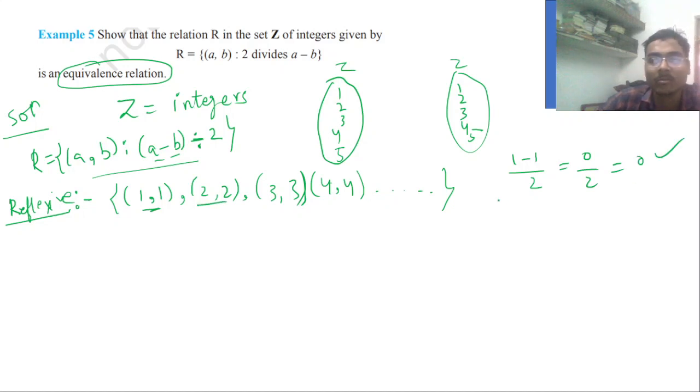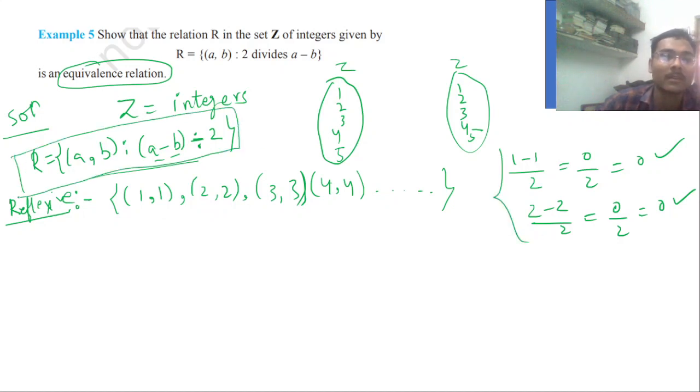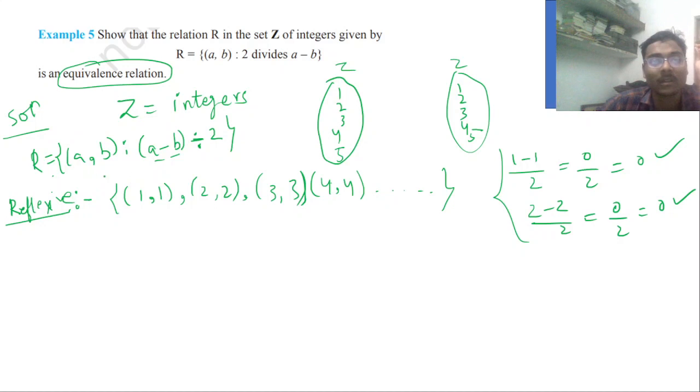So we are getting our answer. 2 minus 2 by 2, which is 0 by 2. We are getting our answer. So every element here is satisfying the relation criteria, that is, the difference must be divisible by 2. And we are able to divide the numbers evenly without leaving any remainder.